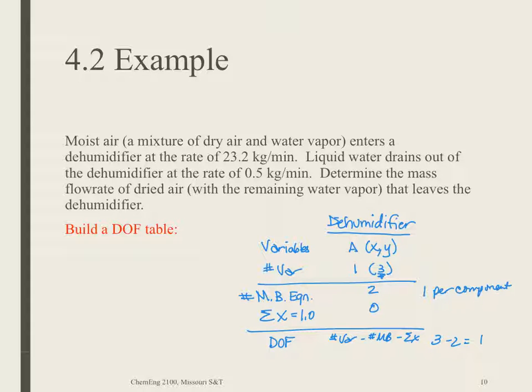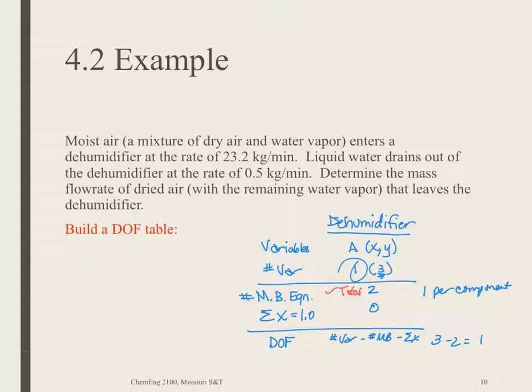This problem is not well specified. I cannot solve for all 3 variables. But how about if I'm only looking for this 1? Well, if I'm only looking for this 1, then I only need to write the total. So I have my 1 material balance. I still don't have any of these.